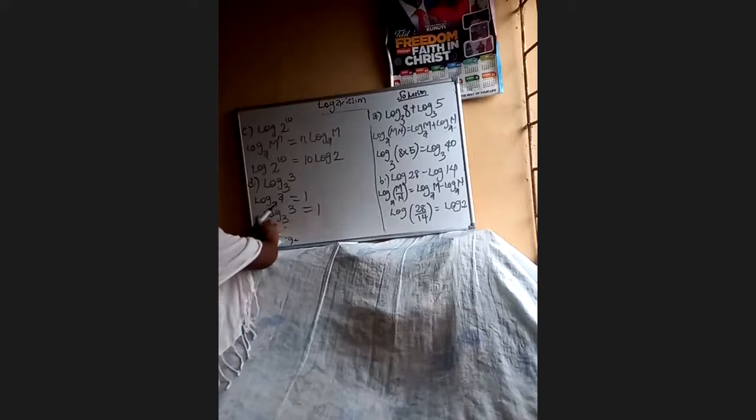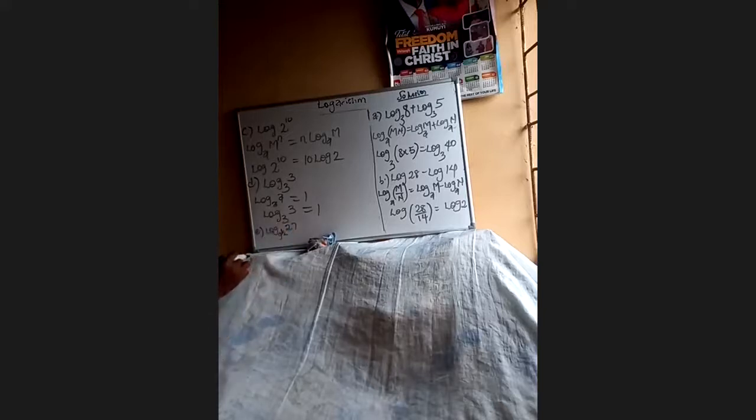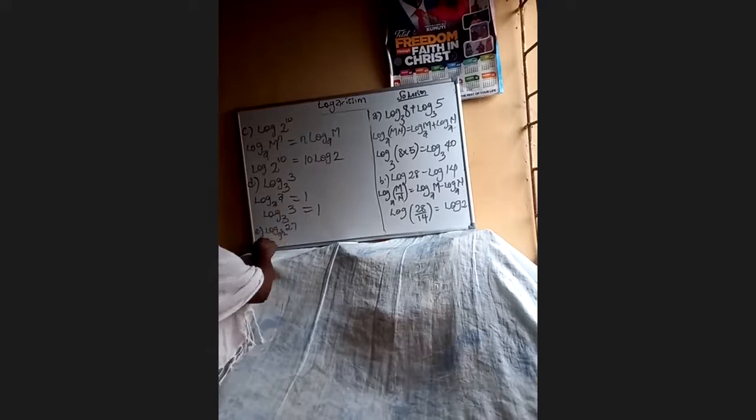So the fifth question is logarithm of 27 to the base of 9 and half. This rule applies to the power of the base.